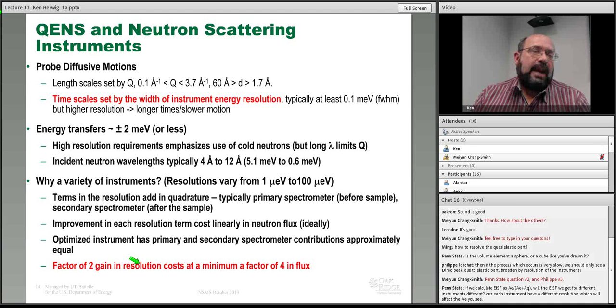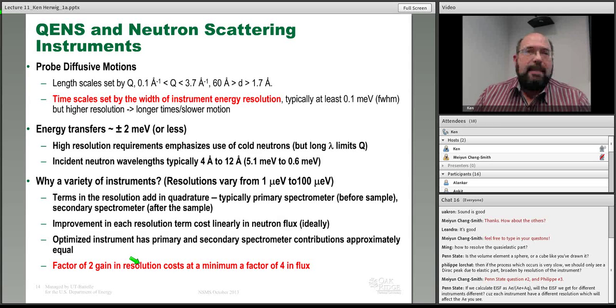So in order to gain a factor of 2 on instrument resolution, you have to essentially pay a flux penalty of about a factor of 4. That paradigm is challenged in neutron spin echo techniques that you'll hear about, I believe, in your next lecture from Dieter Richter. But for these types of instruments, you're going to pay quadratically for improvements in resolution.